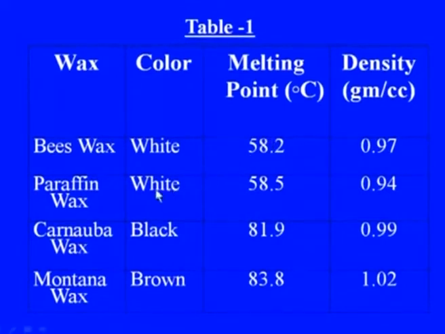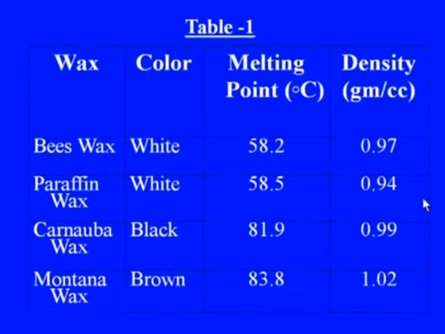Then paraffin wax also appears white. Melting temperature is almost similar to that of beeswax, which is 58.5 degrees Celsius, and density is also along similar lines, slightly less than beeswax. This is 0.94 gram per cubic centimeter.